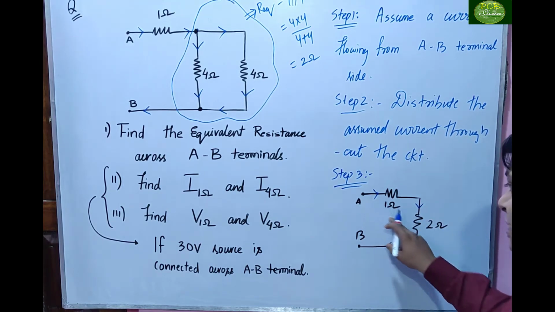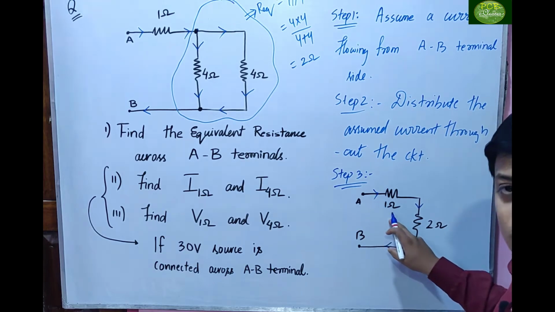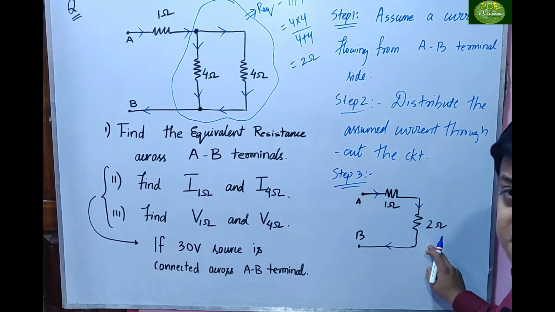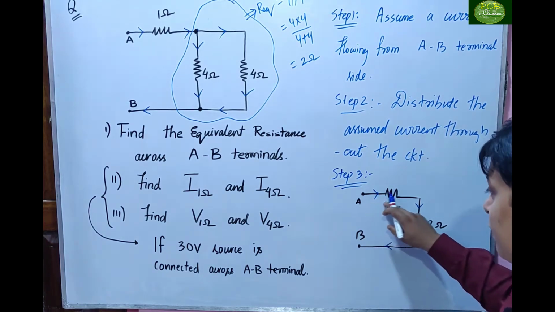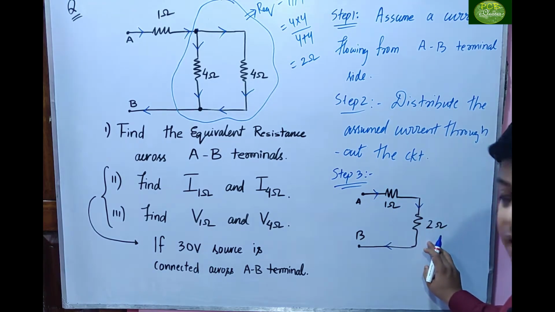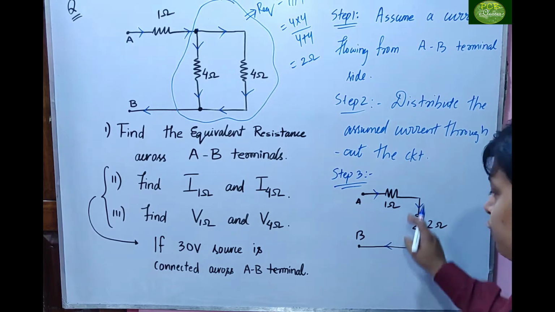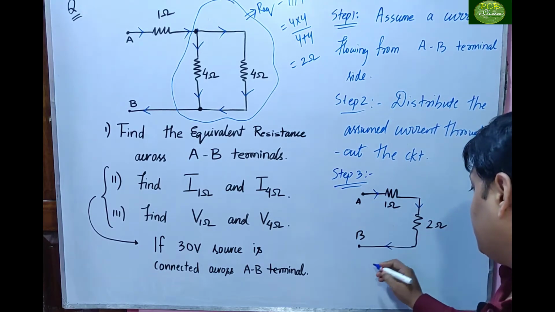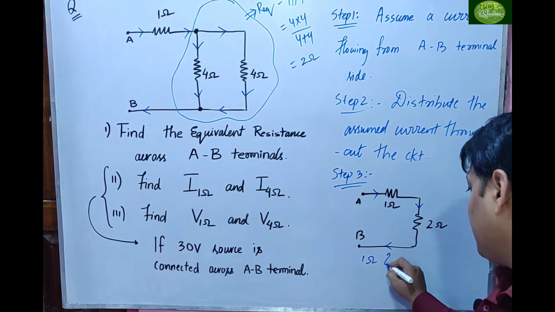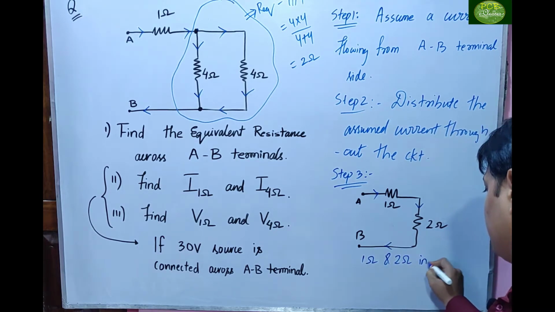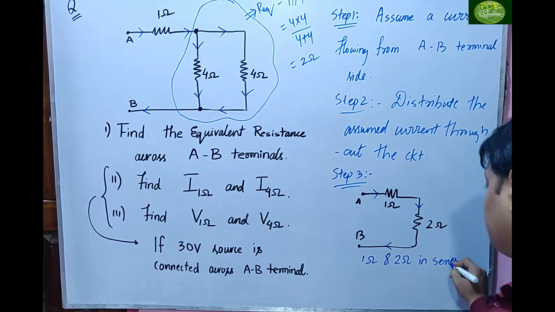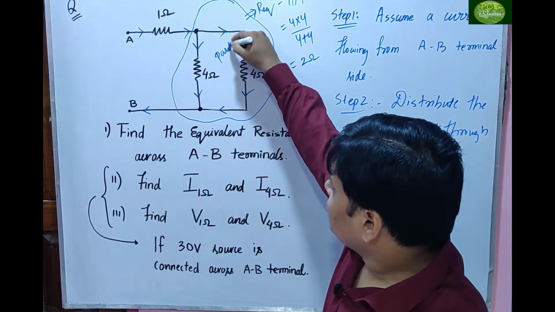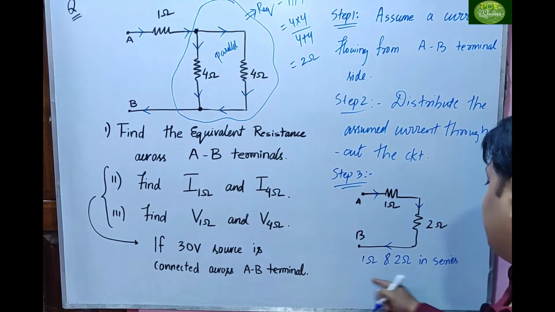Now see here, after the equivalent of 4 ohm parallel 4 ohm, we got 2 ohm. In the circuit, the current flowing in the 1 ohm and the current flowing in the 2 ohm are the same, and they are connected back to back. That means 1 ohm and 2 ohm are in series. Here it is parallel, whereas here it is in series.